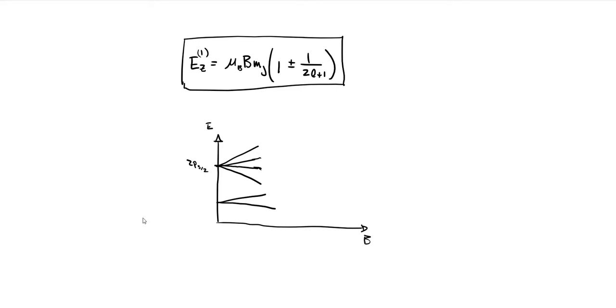Recapping, taking a step back, getting out of the thick of it. What we've done is essentially we're looking at our hydrogen atom. We're taking into account both the fine structure, those internal perturbations, as well as this Zeeman perturbation due to an external field.